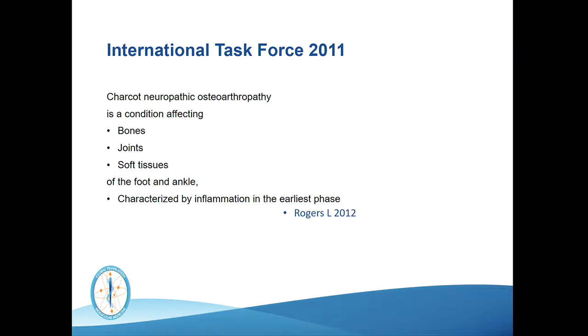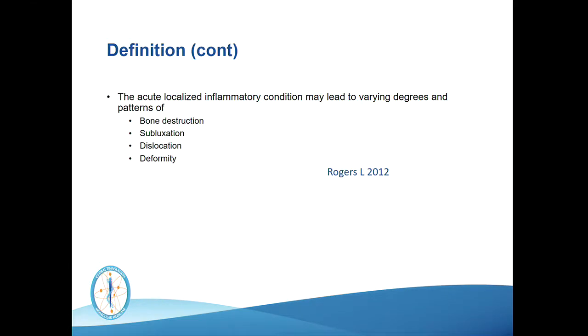So one of the primary problems is that there isn't a consensus in the literature regarding the definition of Charcot foot. This has been slightly improved at the beginning of this decade when there was an international task force who agreed that Charcot neuropathic osteoarthropathy is a condition affecting the bones, joints and soft tissues of the foot and ankle, which is characterised by inflammation in its earliest phase.